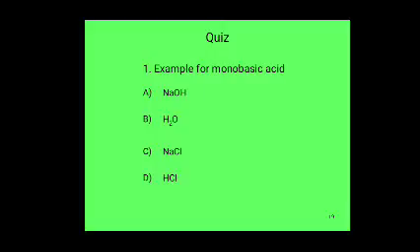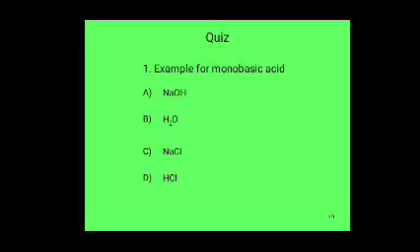NaCl is a salt that ionizes into Na+ and Cl- ions. It does not produce H+ ions. Finally, HCl ionizes into H+ and Cl- ions. It produces only one H+ ion, so HCl is called a monobasic acid. So the answer is D, HCl.